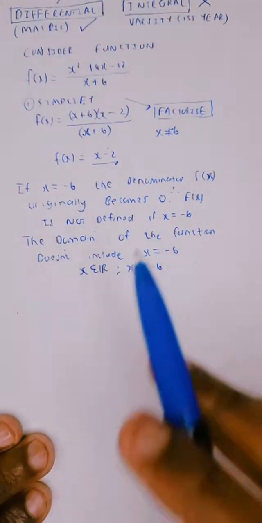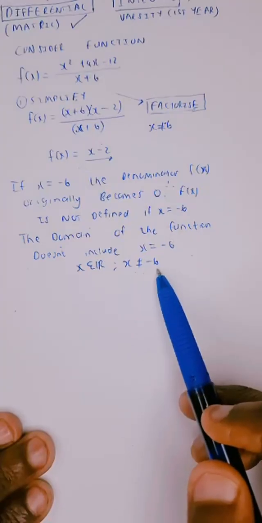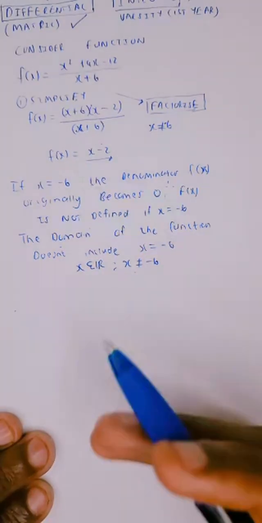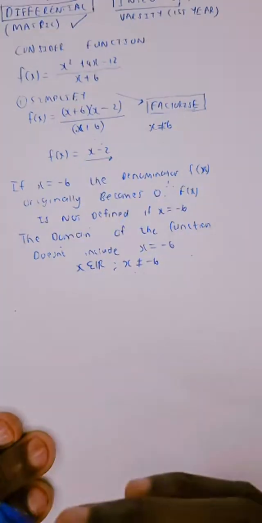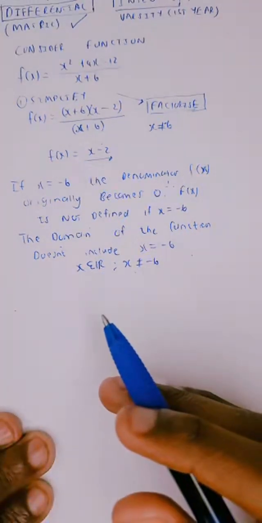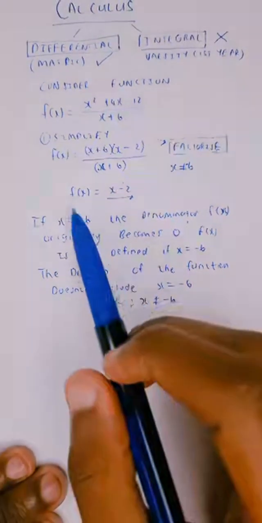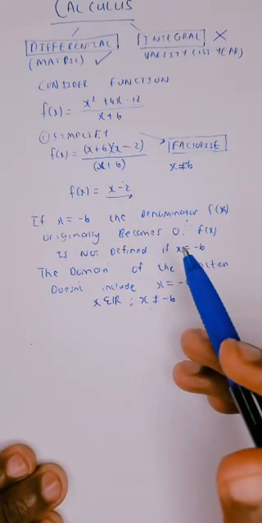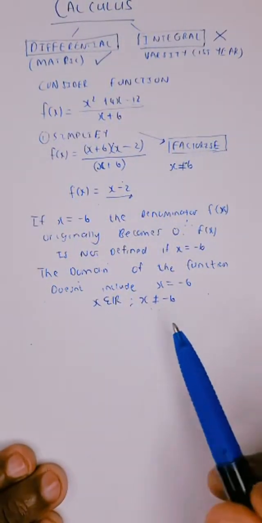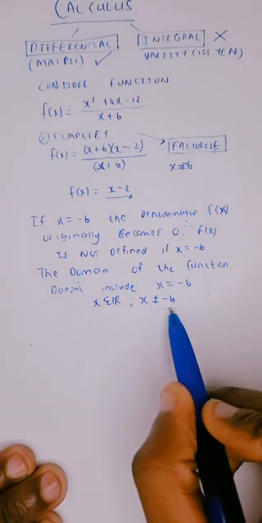Okay? But now here's the thing. If x cannot be negative 6, my question then is, what happens to the values of y as x gets closer and closer to negative 6?